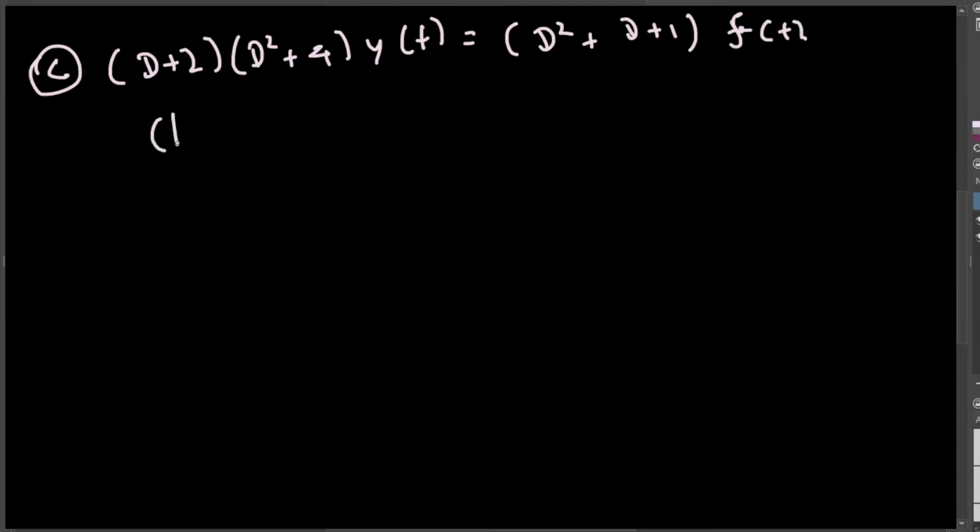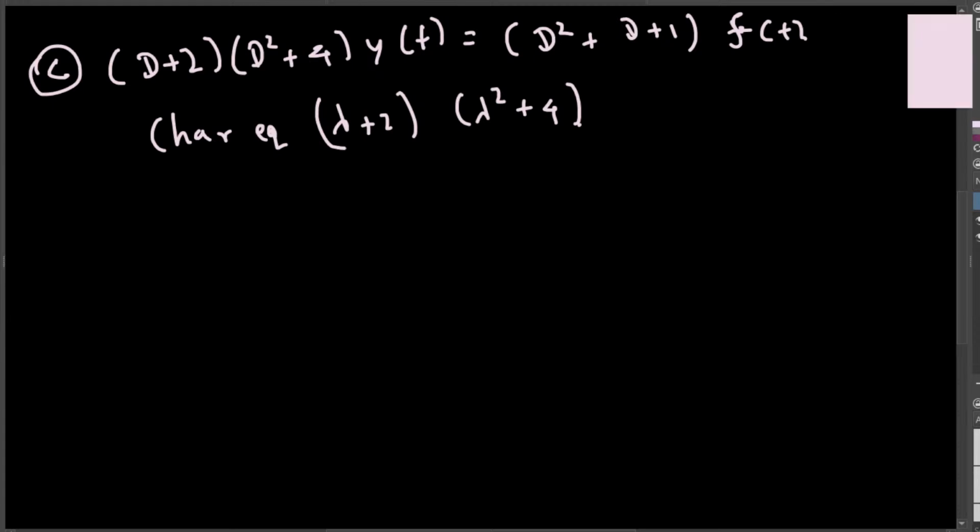Let's write the characteristic equation: (lambda plus 2)(lambda square plus 4). If we equate this to 0, lambda 1 is equal to negative 2.